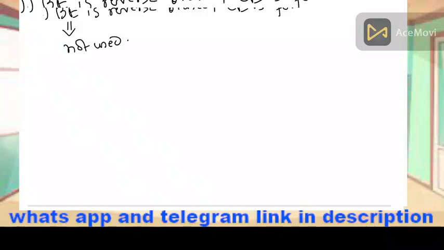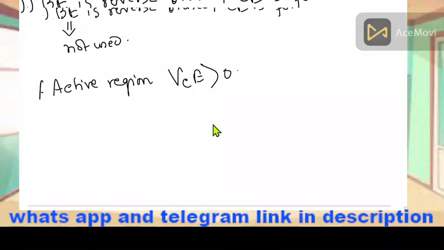So we have discussed till now the cutoff region, the saturation region, and the active region. Now let me remind you once again that the active region is the state when VCE is positive. When it is 0 or negative, it is in saturation.